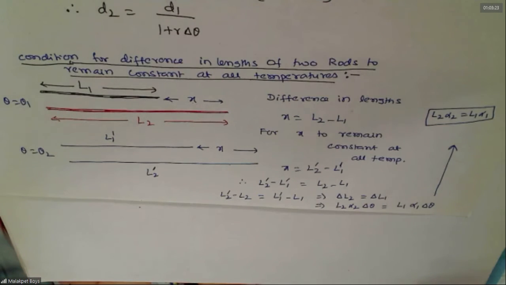That means you have two rods of lengths L1 and L2 and coefficients of linear expansion alpha 1 and alpha 2. They have different lengths. The difference in length must remain constant at all temperatures. What is the condition? Understood this?